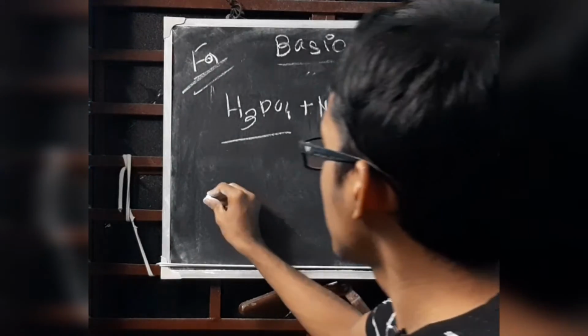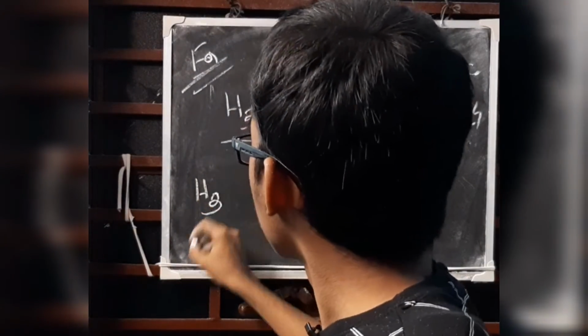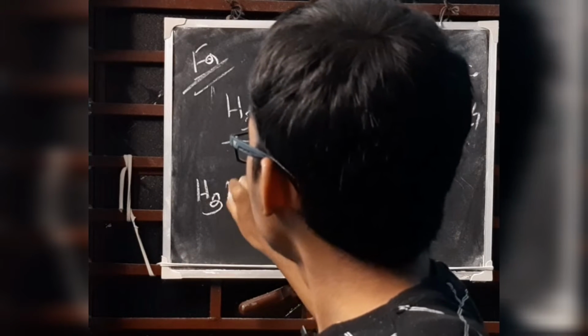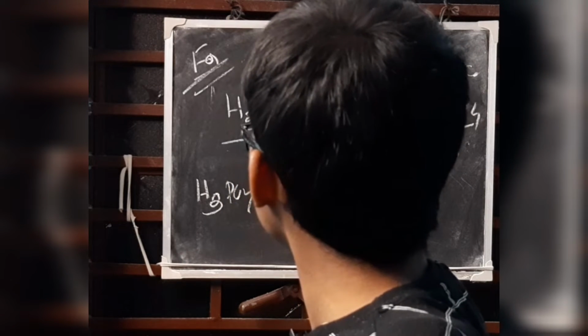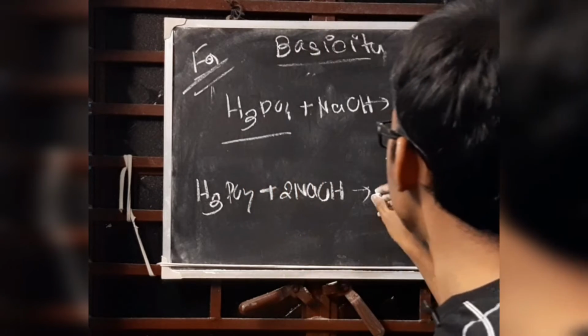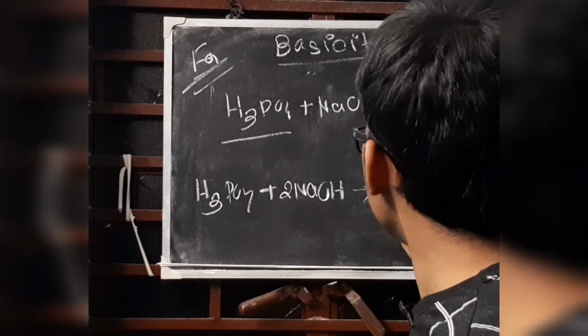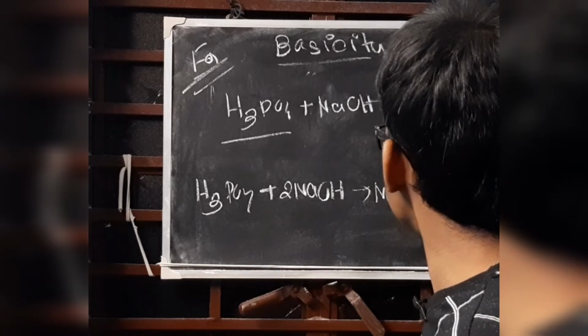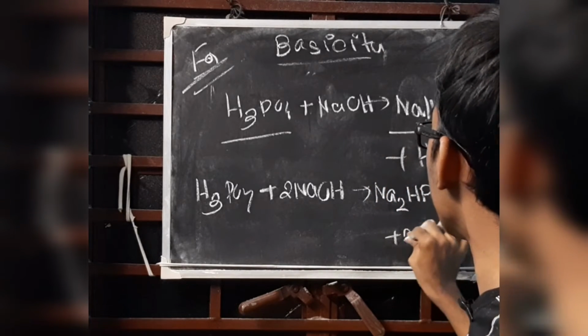Second step dissociation reaction: if I add 2 NaOH, what will be the change? One H will disappear. So 2 Na, 1 H, PO4, and how many water? 2 water.